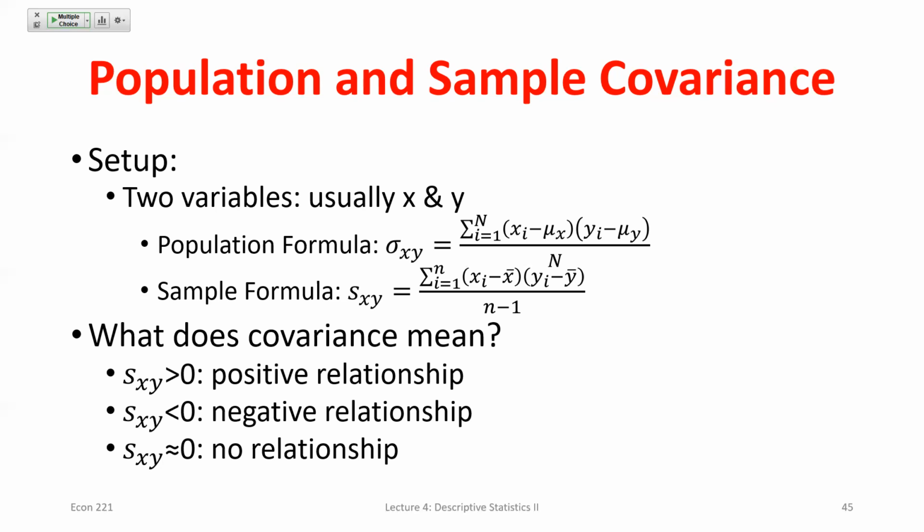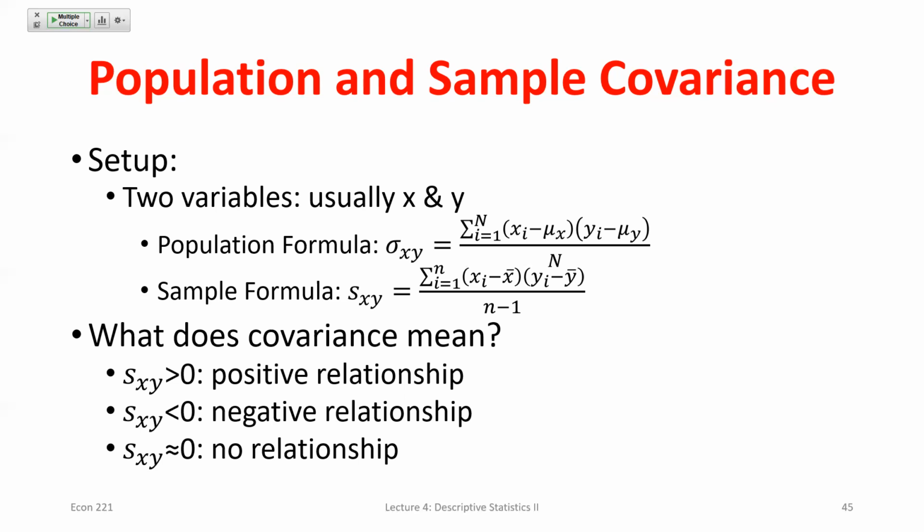If I happen to look at an observation where the person had below average education, this would be negative. And if they also had below average income, the second component would be negative as well. Negative times negative is a positive. So if they're both below the average, or they're both above the average, I get a positive value added to that covariance numerator.